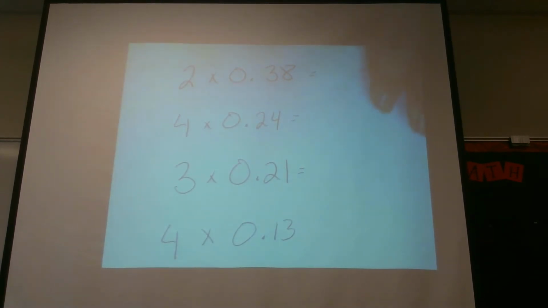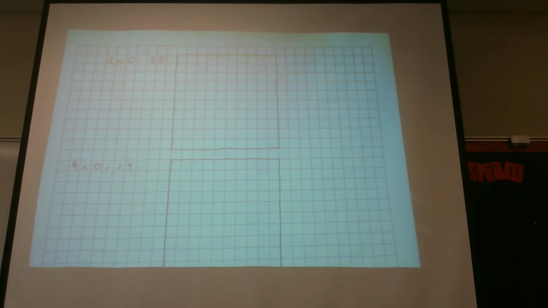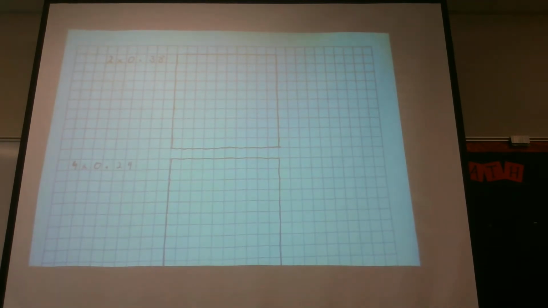The first thing you should have done is draw your hundreds squares. That is the first thing you should have done.